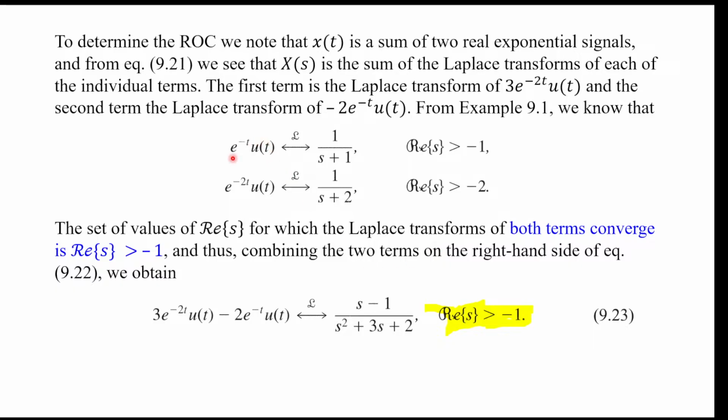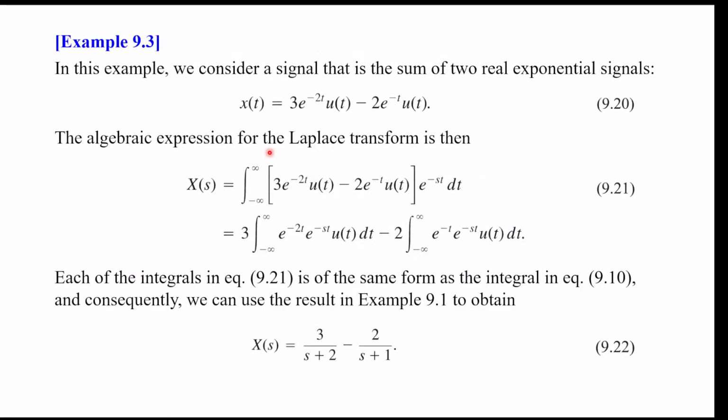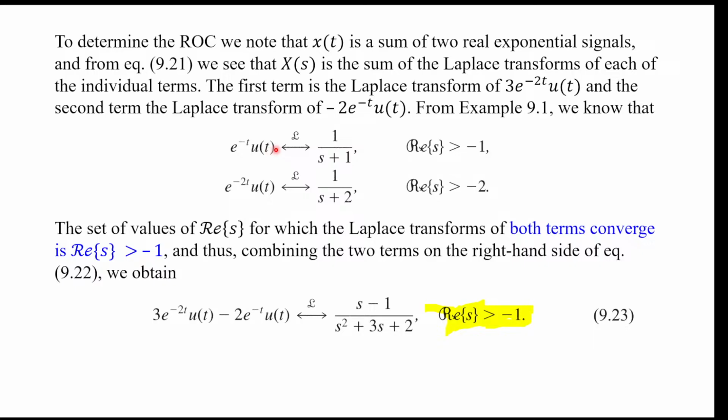So the second part, e to the minus t u of t, will have region of convergence real part of s greater than minus 1, and this e to the minus 2t u of t will have region of convergence real part of s greater than minus 2.